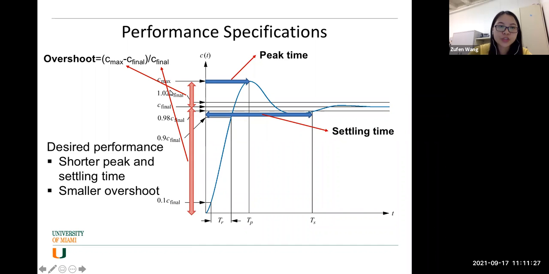And the overshoot is the ratio of the maximum value minus its final value over its final value. In practice, the ideal control performance is that we want the response to get to its set point faster and smoother. So we want shorter peak time and settling time. We also want a smaller overshoot.